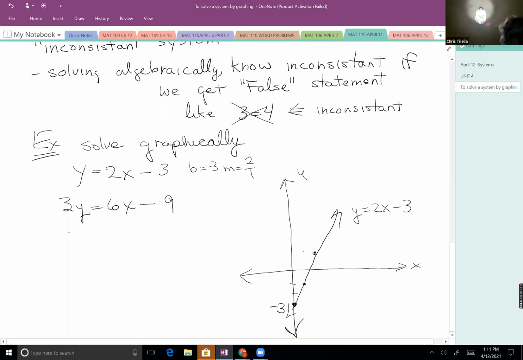My second line, where I have 3y equals 6x minus 9, I'd want to start by putting that in slope-intercept form. To get y all alone, does everybody see the need to divide both sides by 3? And that gives me y equals 2x minus 3. So this would begin at -3 and have a slope of 2/1.